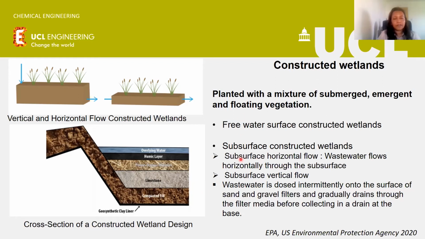So there are two ways of doing it. And for how you percolate the water, you can initiate a horizontal flow, or you can initiate a vertical flow. What is done is passing this water through different filters, where it is treated before it finally collects in a drain.